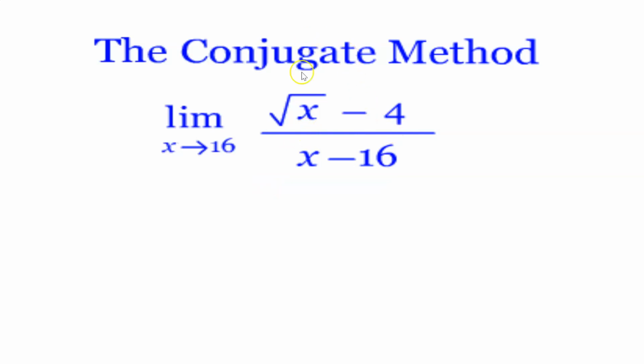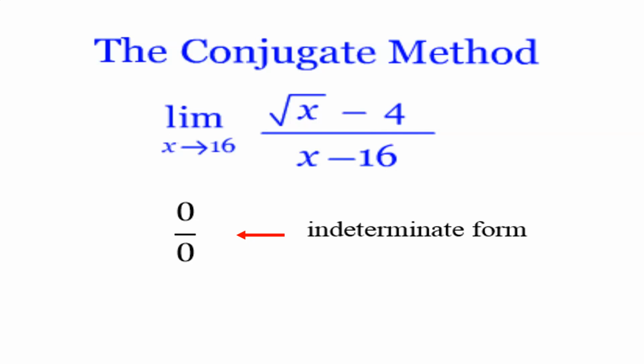So the conjugate method is something we usually use when you have this kind of form. Ada bentuk punca kuasa ni macam ni, then you can use the conjugate method. Or when you have a fraction, ada bentuk pecahan, then you can use conjugate. So what happens is that kalau you guna substitution, you akan dapat 0 over 0.